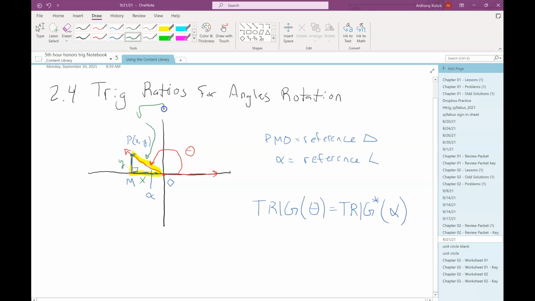Or really in this case that hypotenuse is the square root of x squared plus y squared. And instead of using that, I'm just going to call that quantity R.